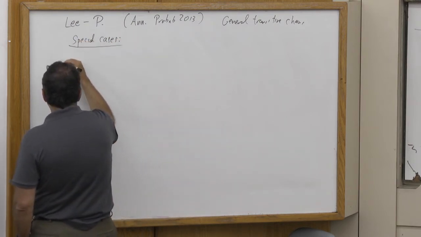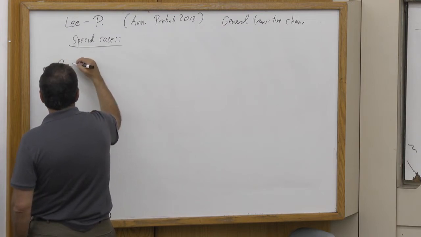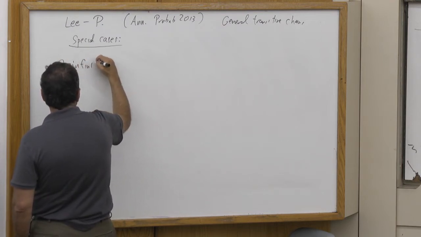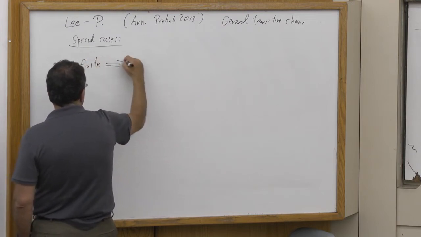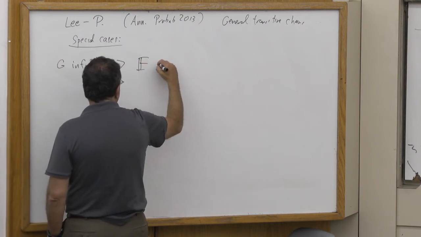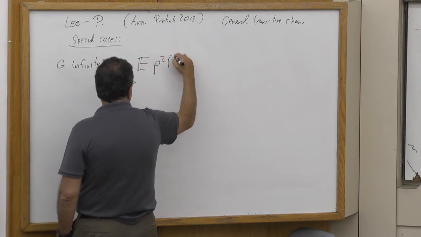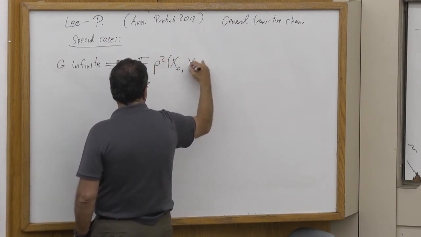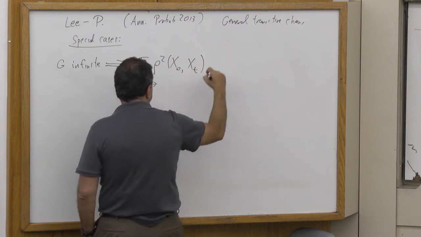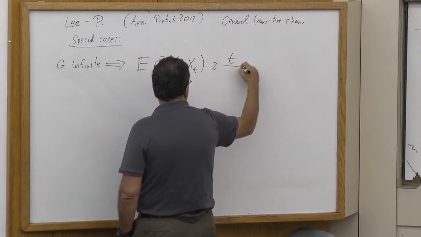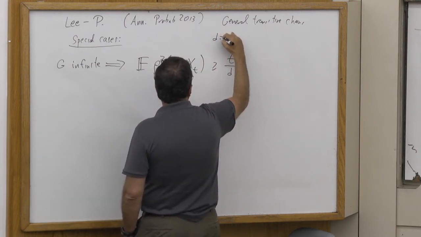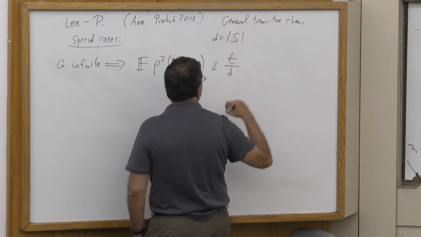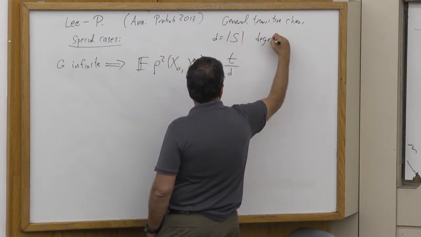It says if G is an infinite Cayley graph, then the expected distance squared from x0 to xt is at least t over d, where d is the degree of the Cayley graph, just the size of the generator set.